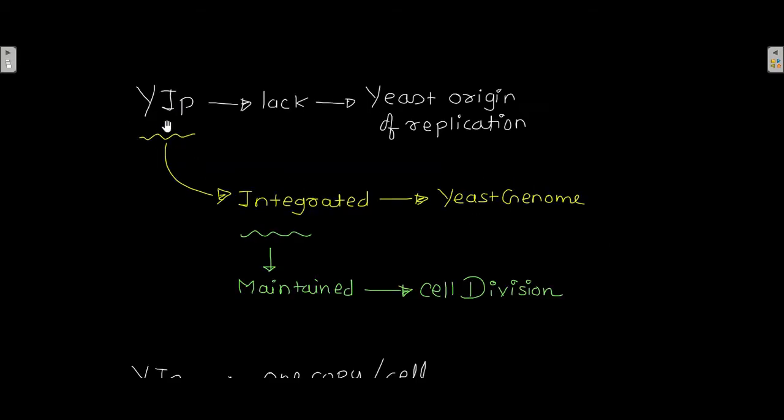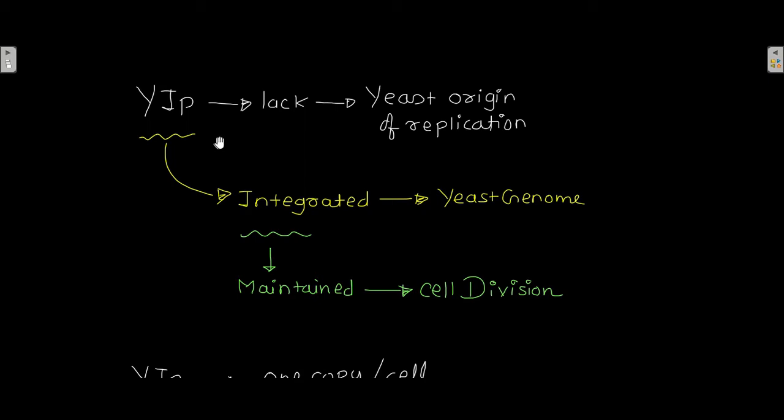This YIP lacks the yeast origin of replication, and that is the reason why it should be integrated into the yeast genome so that it can be maintained during cell division. If the integration into the yeast genome does not happen, then the cell will lose the YIP, because it will not be able to replicate.